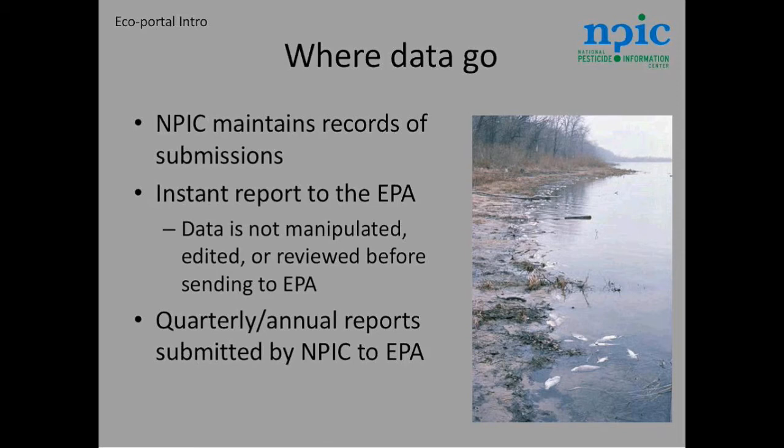But every quarter, so 4 times a year, and annually, we put together our incident data information for the EPA, and along with those reports, we're also including the reports that have come in through the Eco Portal and sending that off to them as well. And there's also in our annual reports some statistical summaries of the Eco Portal submissions that we've received, and so you're welcome to also go see those.